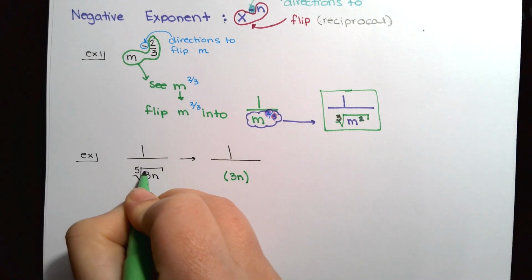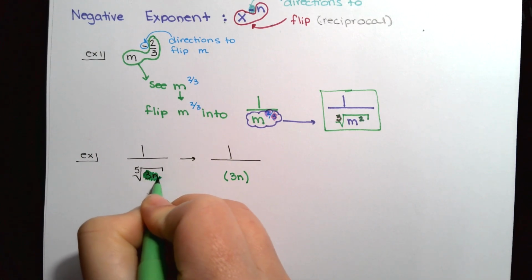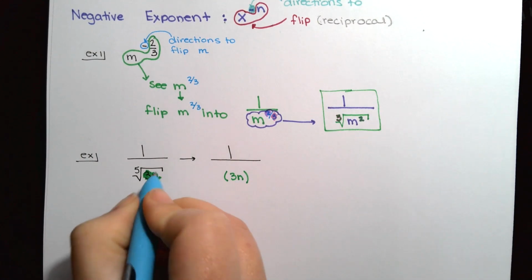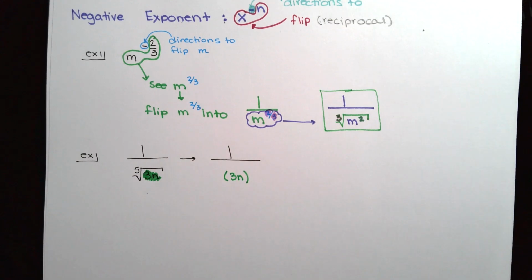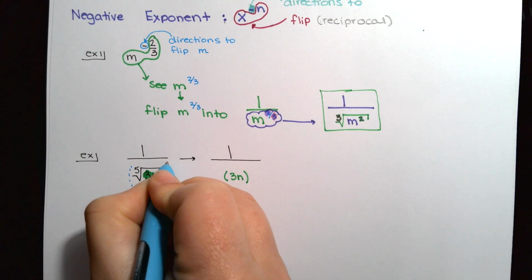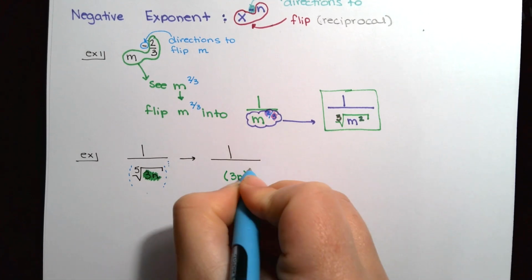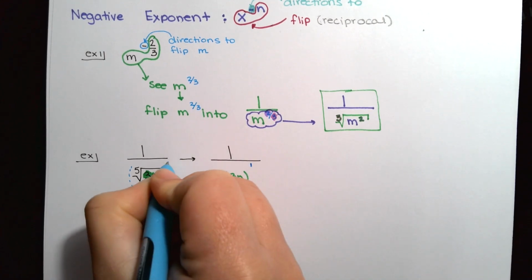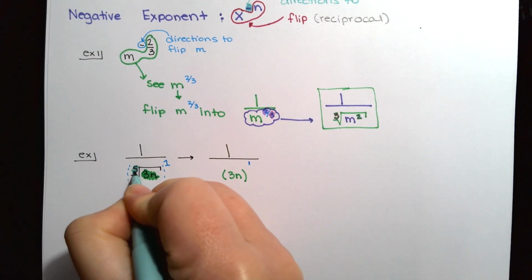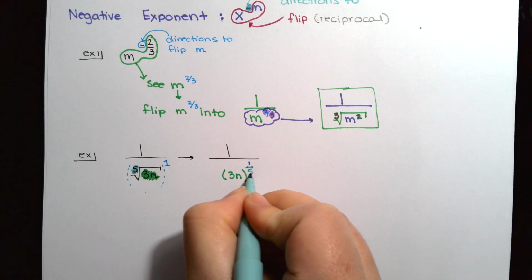My base is 3n. So I'm going to write 3n. What's my exponent? Well, I don't see any exponents anywhere. Remember, if there is no exponent, you can have a secret exponent of 1. You can have the secret exponent of 1 here as well on the inside. And then our index, always the denominator, is 5.